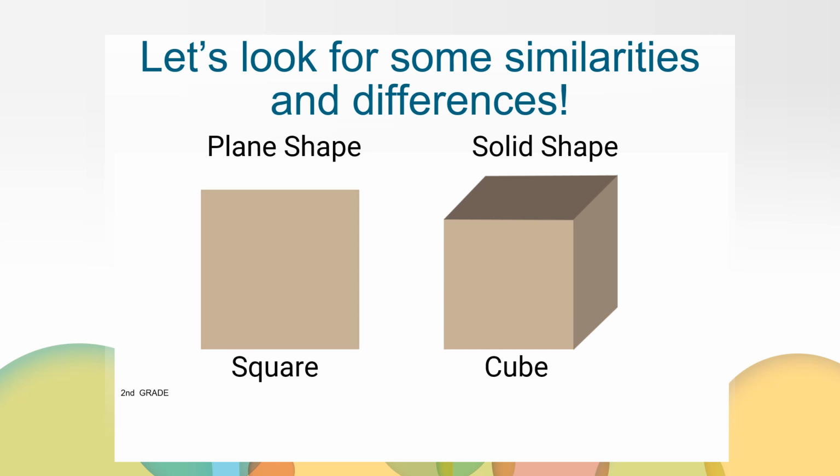So how are they different? The solid shape is made up of many squares, and the plane shape is just one flat square. The plane shape is flat, and the solid shape is three-dimensional. Did you think of any other ways that they are different?